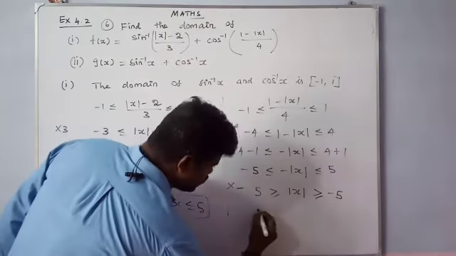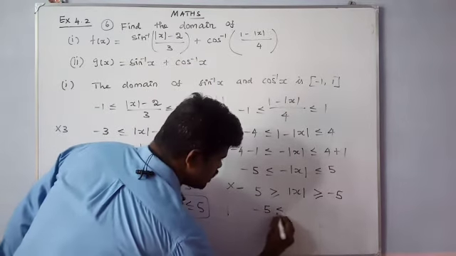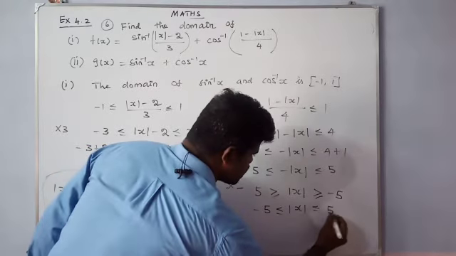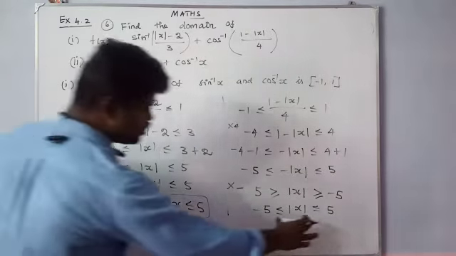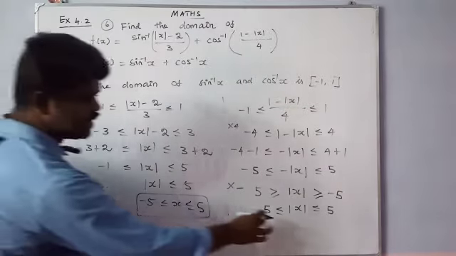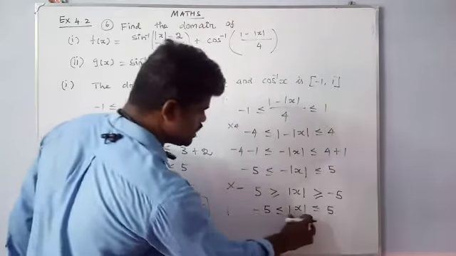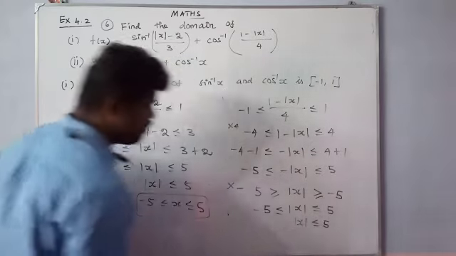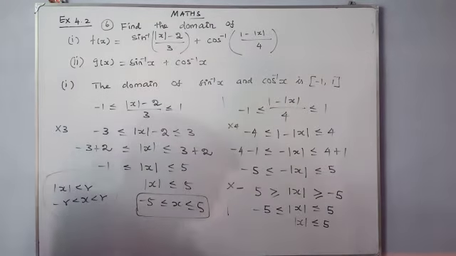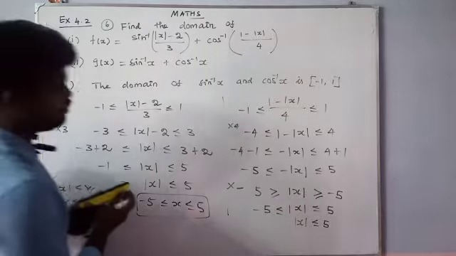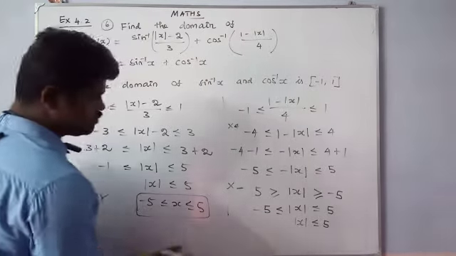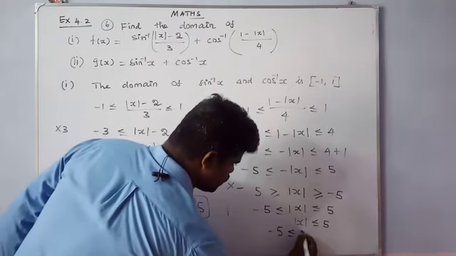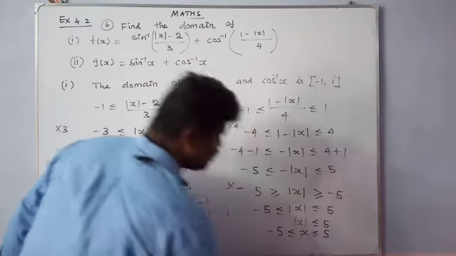So finally, minus 5 less than or equal to modulus x less than or equal to plus 5. This is also the same as this value; neglect the negative value and let us take modulus x less than or equal to 5. So this is the range: minus 5 less than or equal to x less than or equal to plus 5.